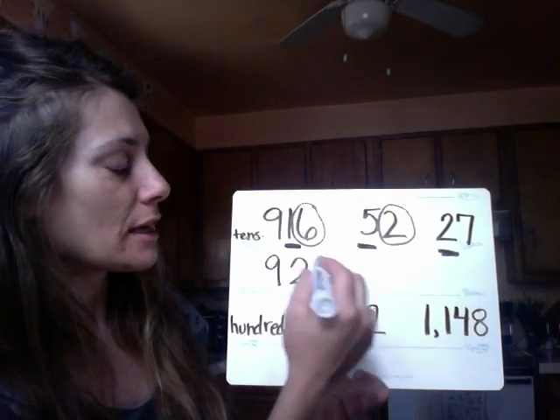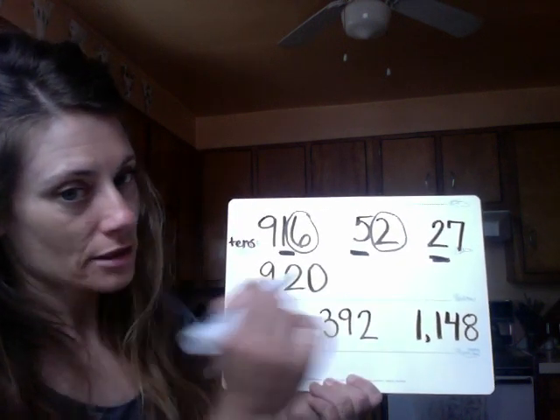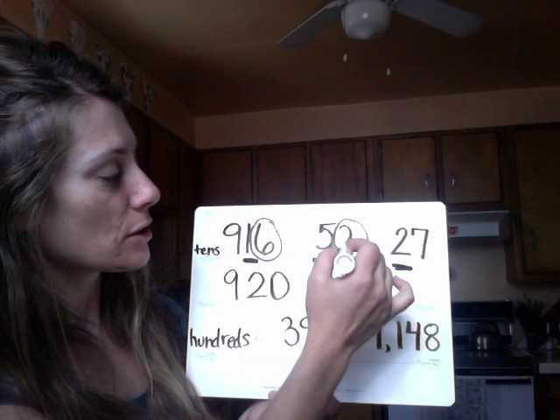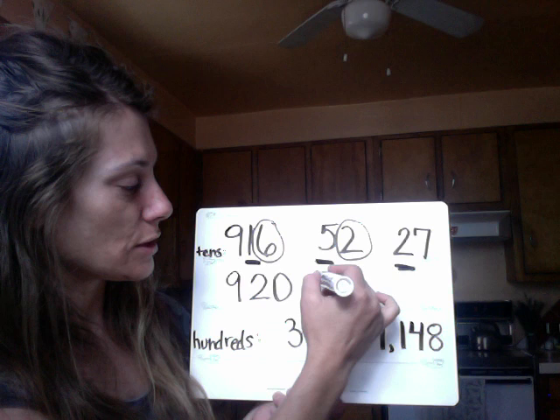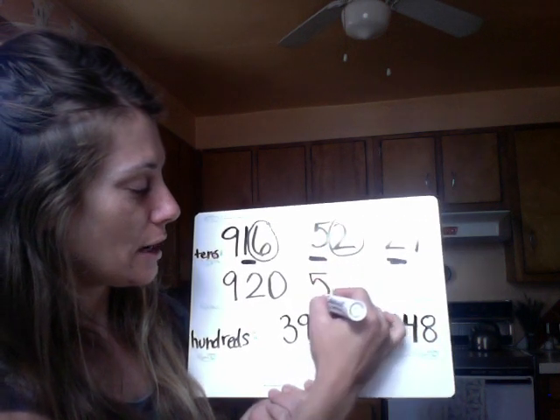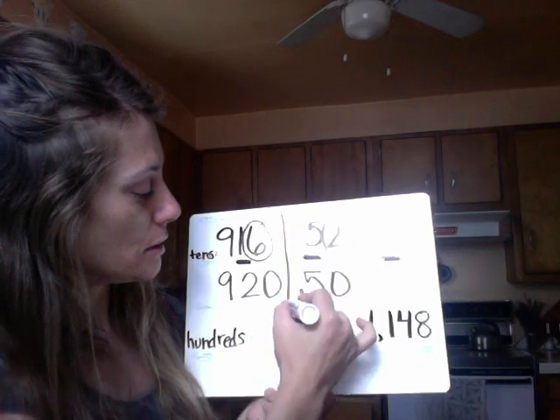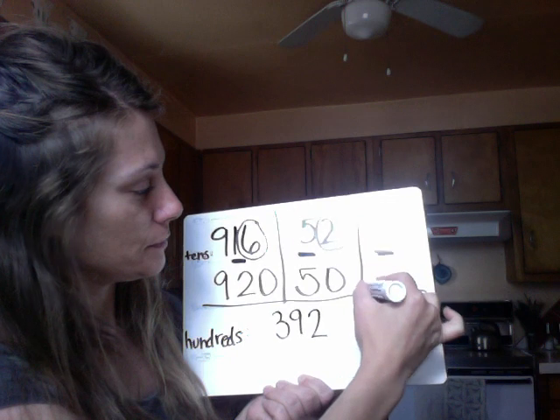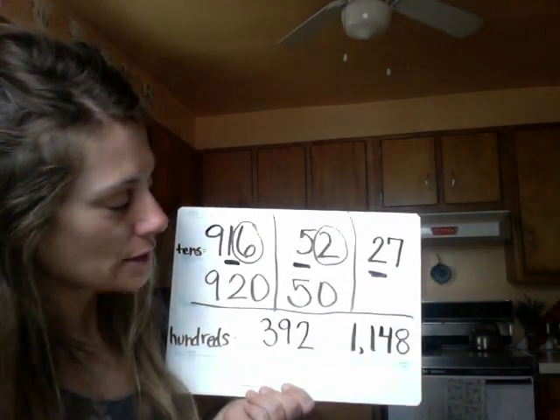So I'm not going to go to 40. I'm going to think on my number line in my head, is 52 closer to 50 or 60? It's closer to 50, so it just stays the same. When you're rounding down, my 10 stays the same. So you can see these are different numbers. Does that make sense?